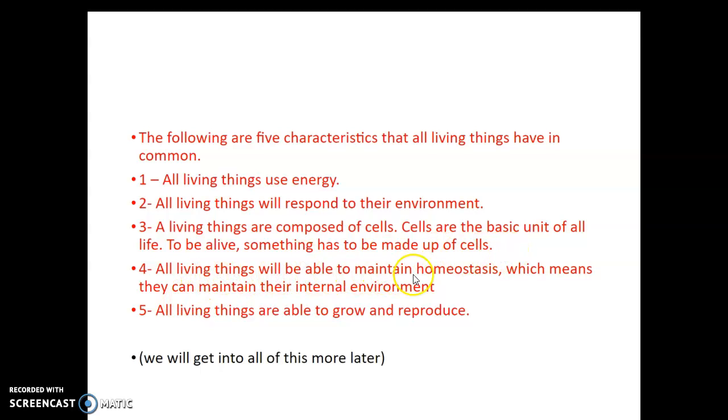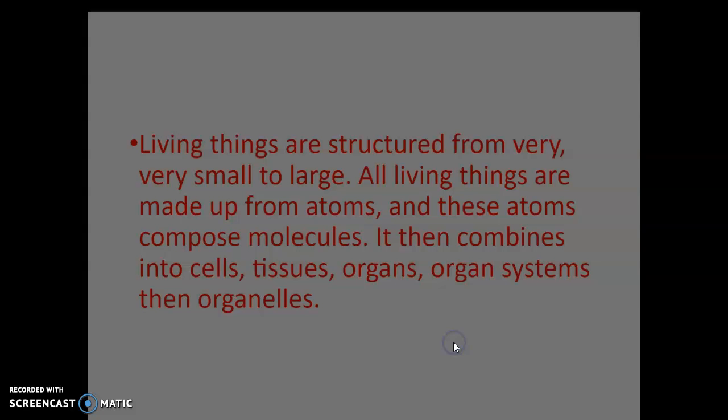All living things will be able to maintain homeostasis, which means they can keep a balance, like we keep a balance of our temperature and how much water we have in our body, which means they can maintain their internal environments. And all living things are able to grow and reproduce. We will go over all of this a lot later, okay? That's really what the rest of the class is about.